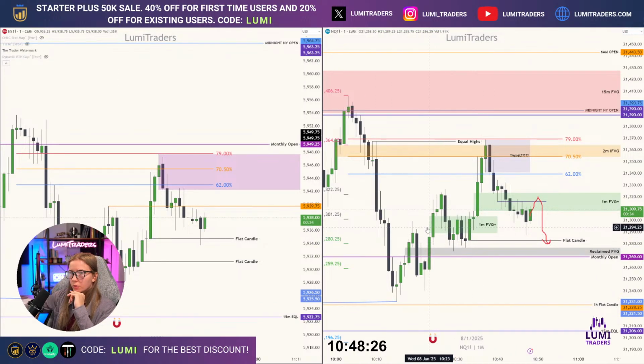We trace back to this 1 minute for value gap. I like this flat candle.